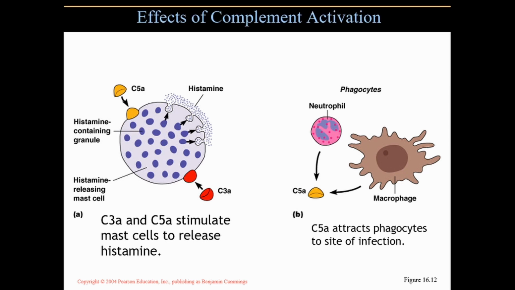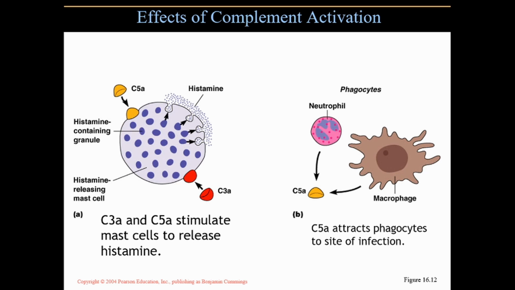This just shows a little close-up of what's going on here, where C3a and C5a will bond to the histamine-releasing mast cell. So once those two bond together, it then sends a signal to the nucleus, which then sends a signal for histamine production to increase and then also be released through the process of exocytosis.